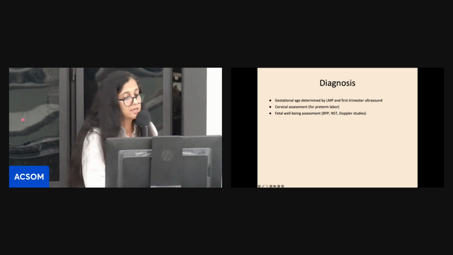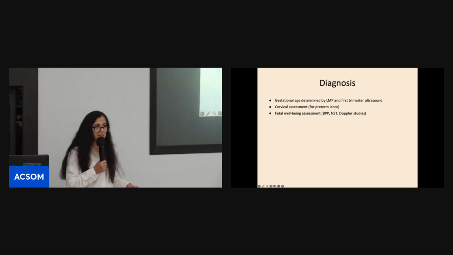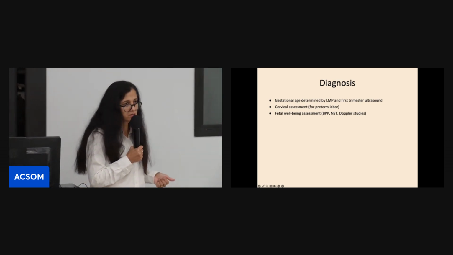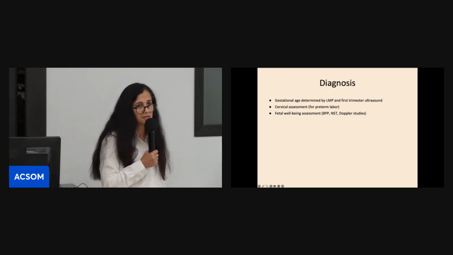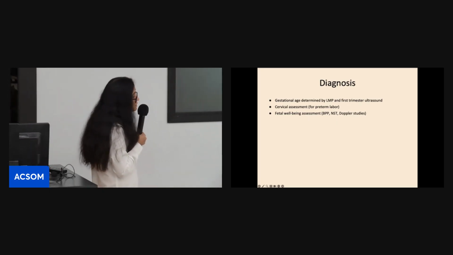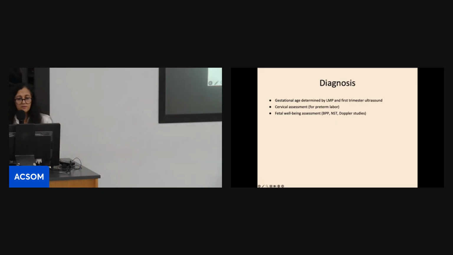So diagnosis, the first step is getting an accurate dating, right? We know the best way to do that is the first trimester ultrasound between 7 and 13 weeks, but you can get it up to 23 weeks and count that. Cervical assessment for preterm labor or preterm birth, and then fetal well-being.